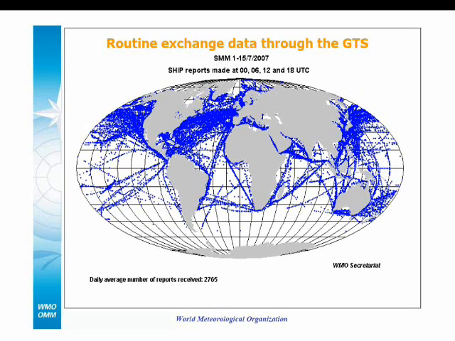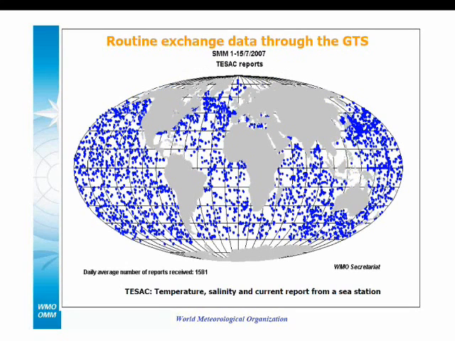This monitoring period is last July 1st to 15th. The daily average is 2,765, almost 3,000 ship reports exchanged on the GTS.